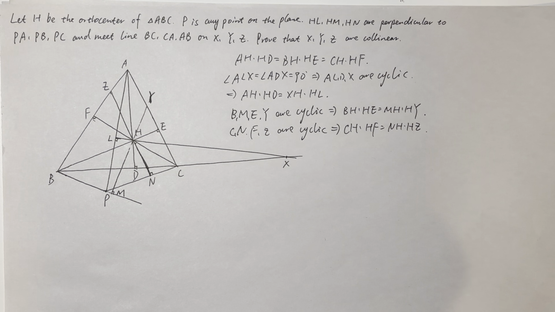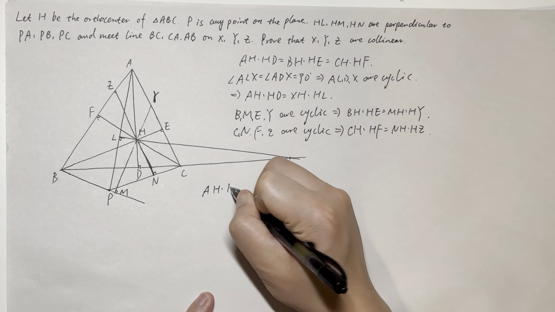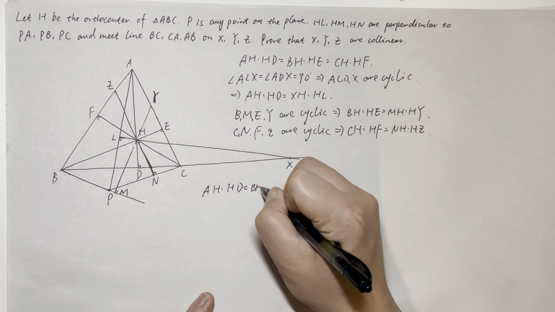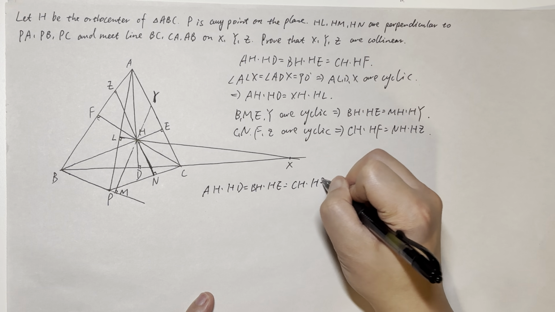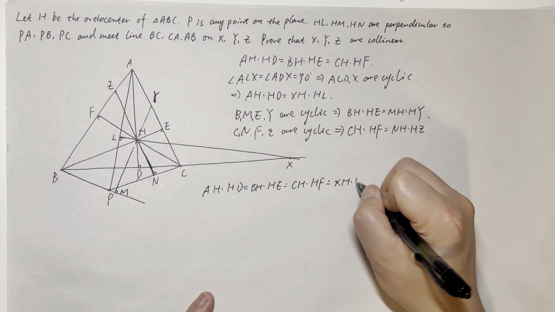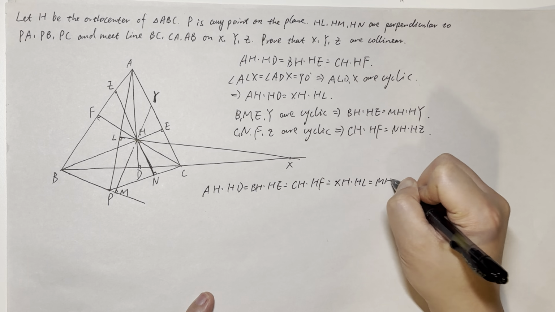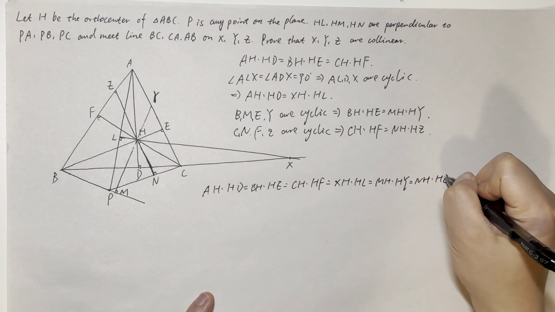And from here, it looks like we are stuck, right? Because we just know that AH times HD equals BH times HE equals CH times HF equals XH times HL equals MH times HY equals NH times HZ.